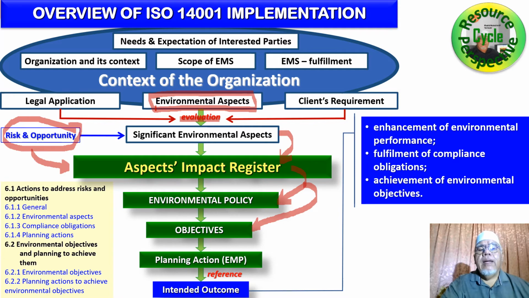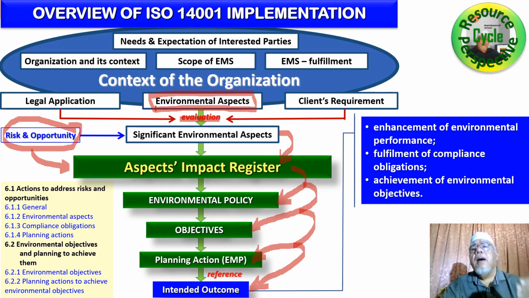There's a word there. It's a big word. And also how to get on with it and what to do. Who, do what, when and how much. And all this will be consisted in what is called intended outcome. And within the intended outcome, within the objectives and targets, within the environmental management program or planning actions to achieve, we have to include enhancement.